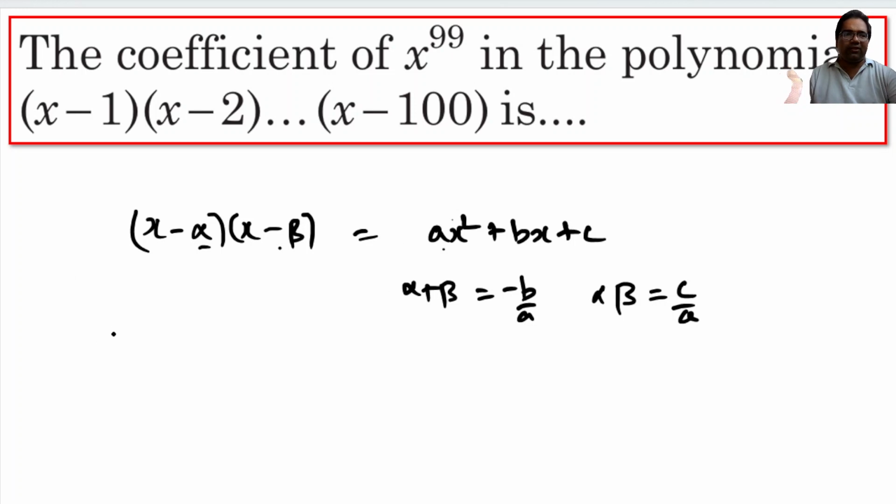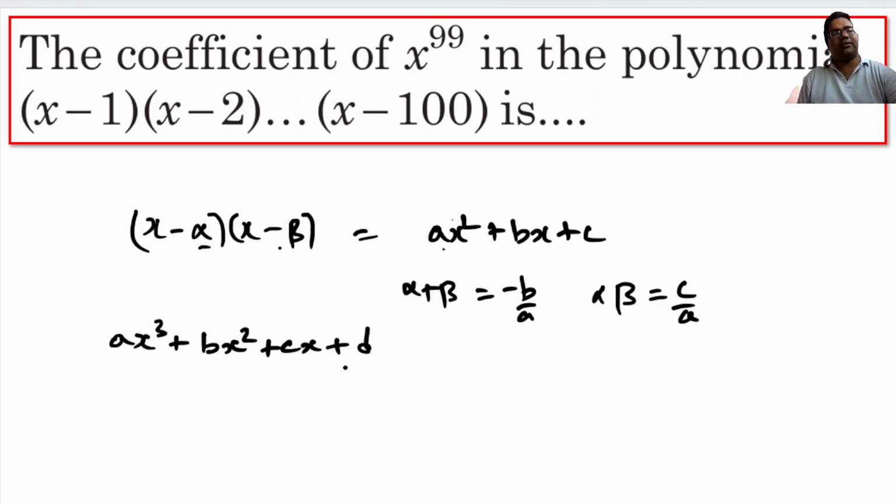Now, when we have a 3-degree polynomial, ax cube plus bx square plus cx plus d, there will be three roots. They can be real or complex, but it doesn't matter. Let's say alpha, beta, gamma are the roots.